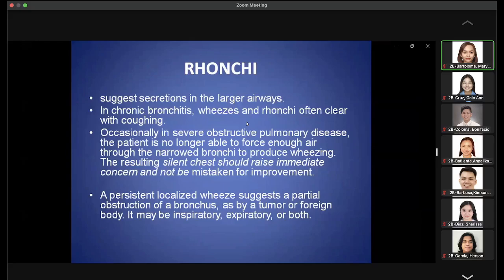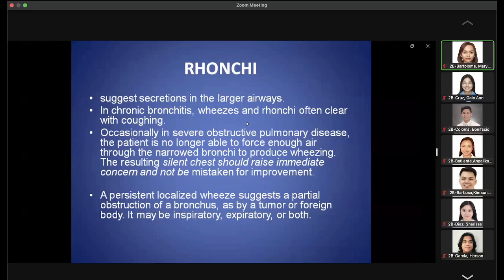So rhonchi suggest secretions in the larger airways. In chronic bronchitis, wheezes and rhonchi often clear with coughing. Occasionally in severe obstructive pulmonary disease, the patient is no longer able to force enough air through the narrowed bronchi to produce wheezing. The resulting silent chest should raise immediate concern and not be mistaken for improvement.